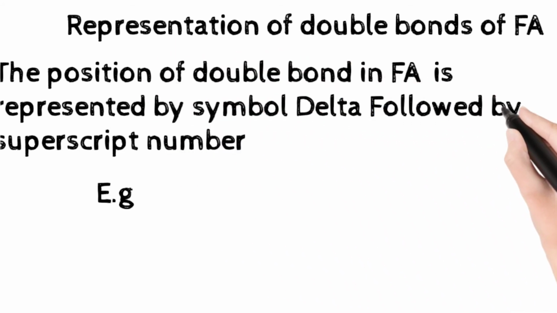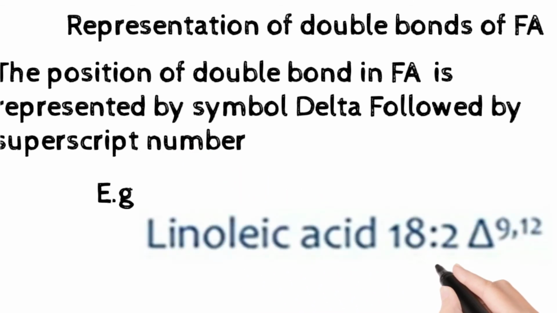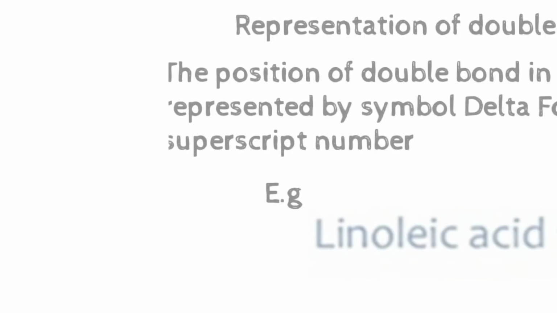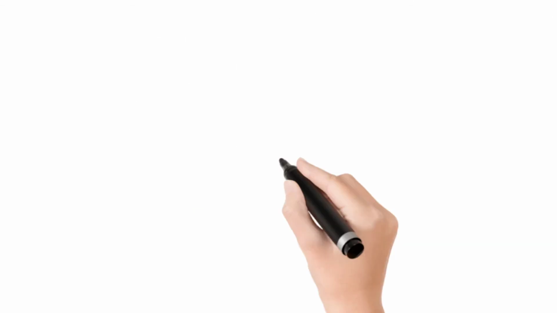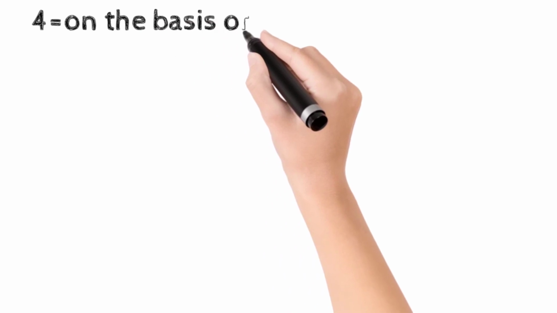This is the superscript number, meaning we mention the number above. Like in linoleic acid, 18 means 18 carbons, 2 means 2 double bonds, delta shows the double bond, and 9 and 12 above delta show the double bonds are present at carbon number 9 and 12.